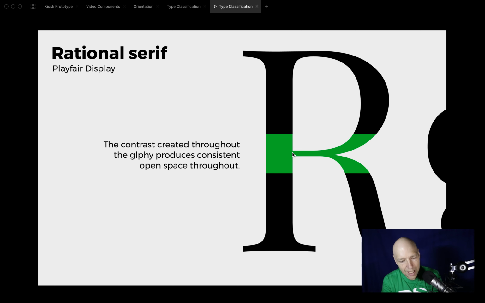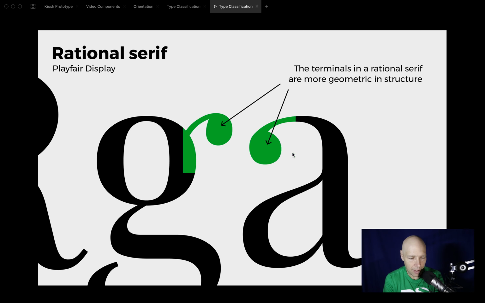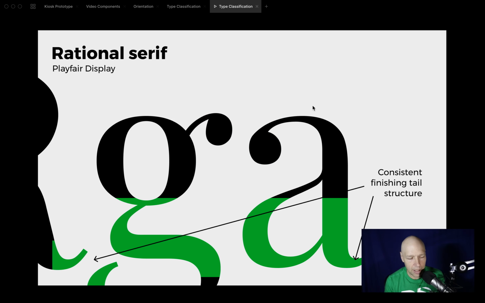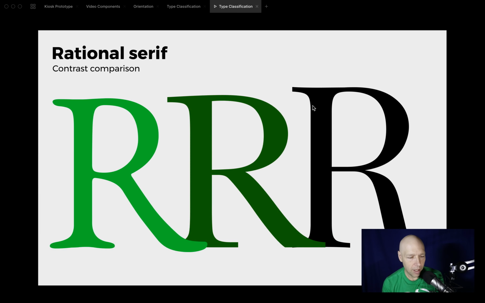These are the same exact size. Similarly, we're getting more consistent with the terminals, so this is becoming more geometric in structure. And then look at the tails here at the end. The very consistent tail now, where we didn't have that before in the transitional serif.